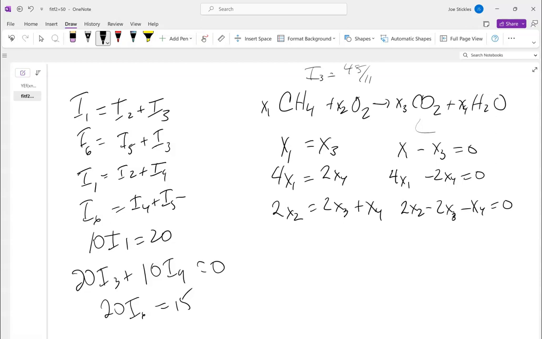So from here, we should be able to create our augmented matrix. What does our augmented matrix look like?